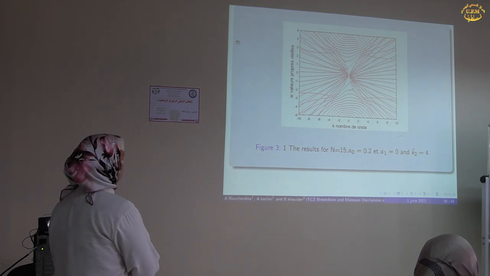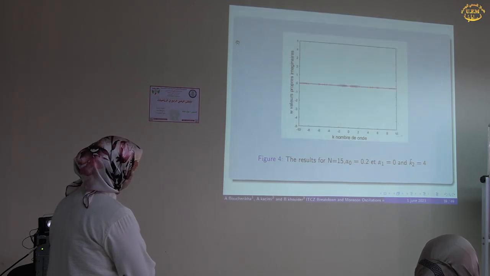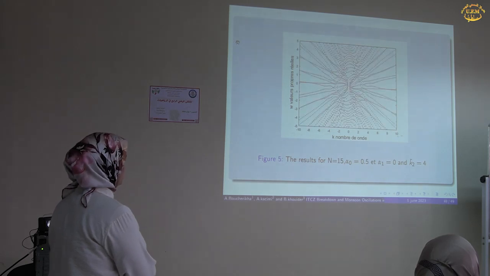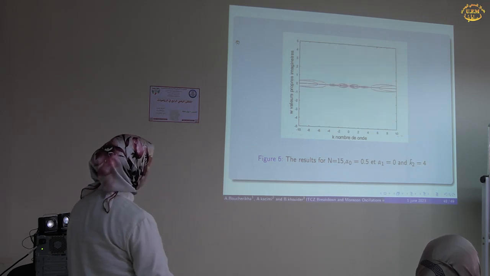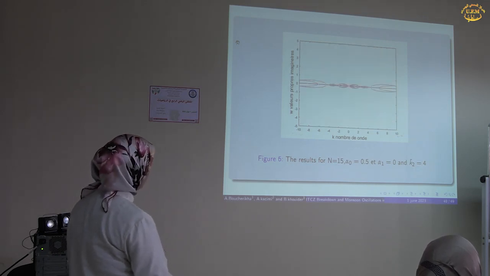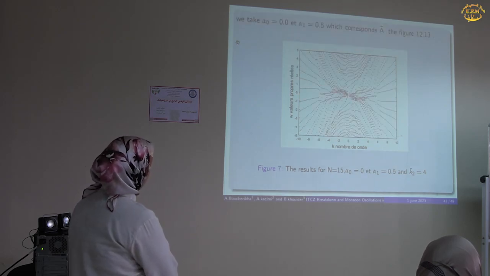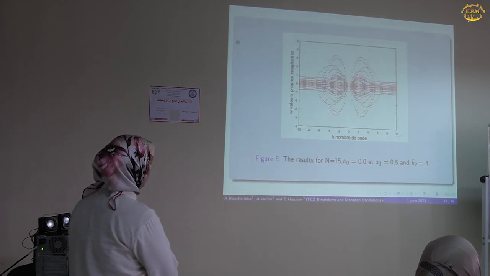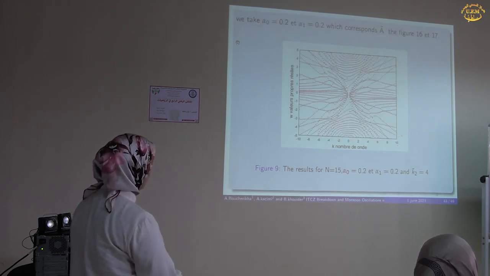And we have the eigenvalues of the matrix, real and imaginary. Here for alpha 0 equal to 0.2 and alpha 1 equal to 0, and here for alpha 0 equal to 0.5 and alpha 1 equal to 0. Here the imaginary part for alpha 0 equal to 0.5 and alpha 1 equal to 0. And here the real eigenvalues for alpha 0 equal to 0 and alpha 1 equal to 0.5, and the same for the imaginary.